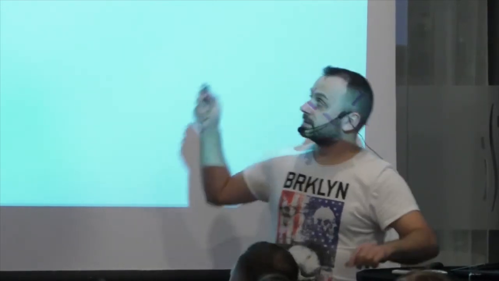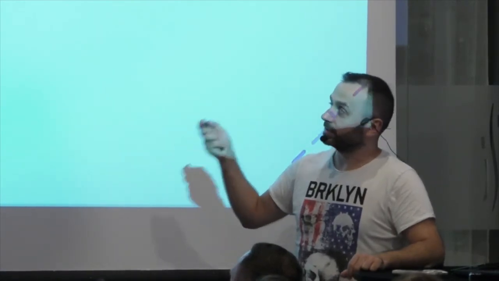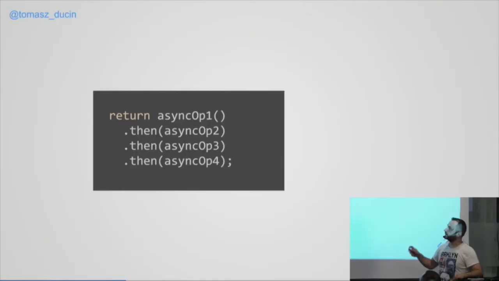So as we can see, promises are really nice, really useful, and really easy, but they come with pretty many limitations, right? All right, so let's take a look at this simple example. This async op1 is returning a promise. We're chaining it with async op2, then with async op3, and with async op4.